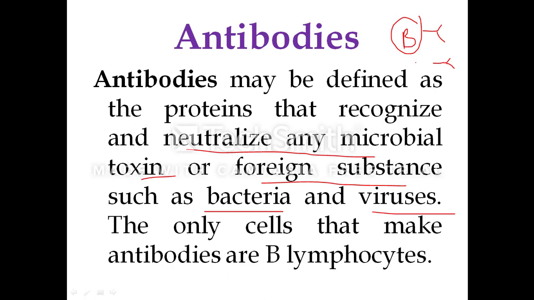Next is serology. Serology may be defined as the study of the blood serum or antibodies and their reaction with particular antigens. These terminologies will be used during immunology.